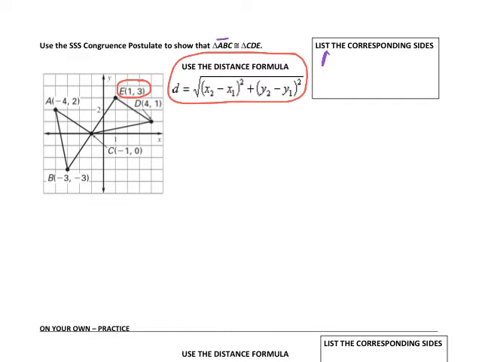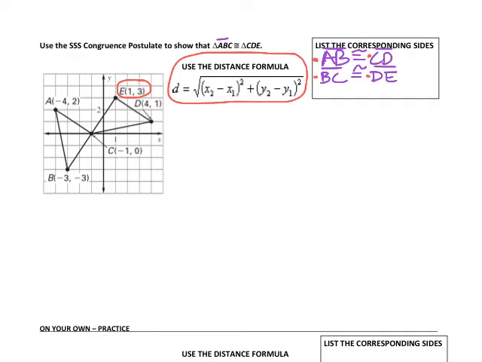So AB should correspond with CD, and BC should correspond with DE. So we're looking to find out by using the distance formula, does side AB have the same length as side CD? And does BC have the same length as DE?